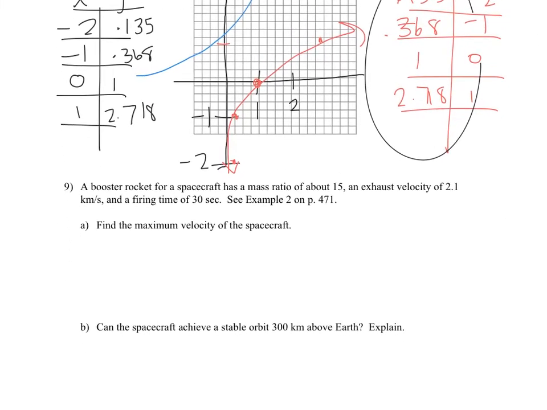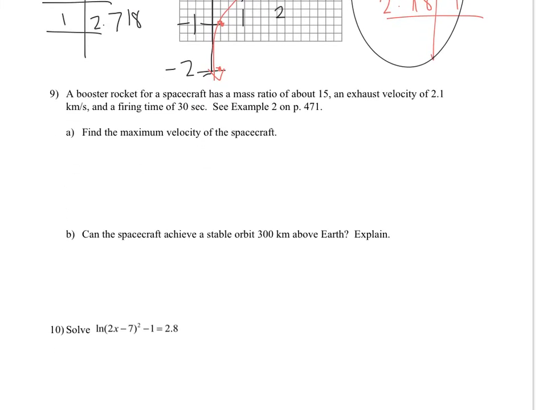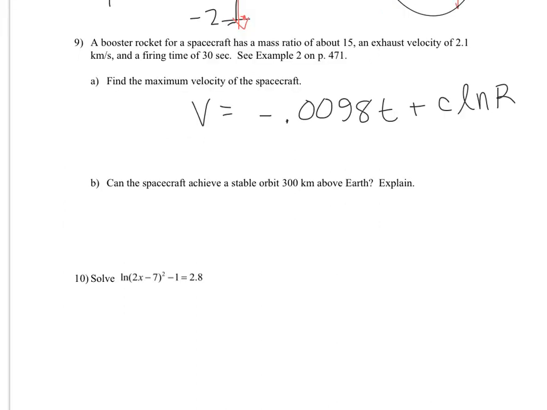Okay, number 9. A rocket booster for a spacecraft has a mass ratio of 15, an exhaust velocity of 2.1 kilometers per second, and a firing time of 30 seconds. Looking up in the book, see example 2 on page 471, you have this maximum velocity equation.